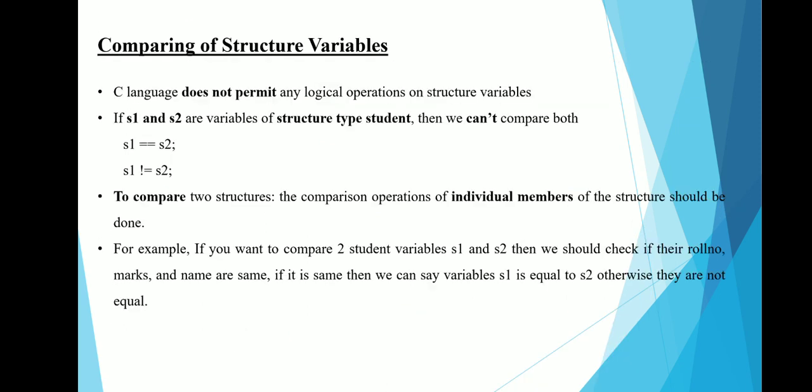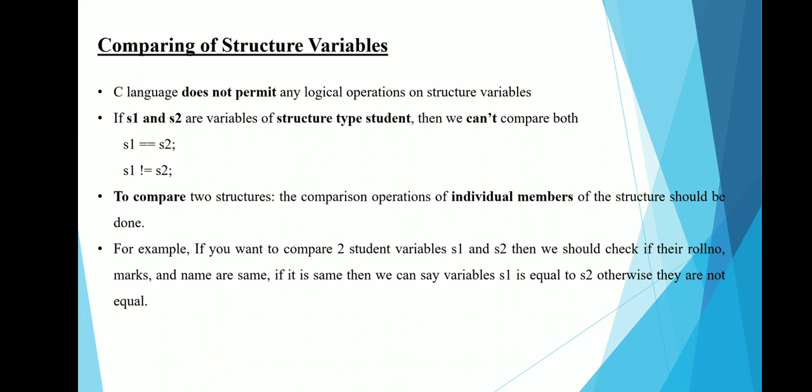The next concept we are going to study is comparing of structure variables. Unfortunately, the C language does not permit any logical operations on structure variables. So I cannot completely compare the structure variables, that is, S1 equals S2.